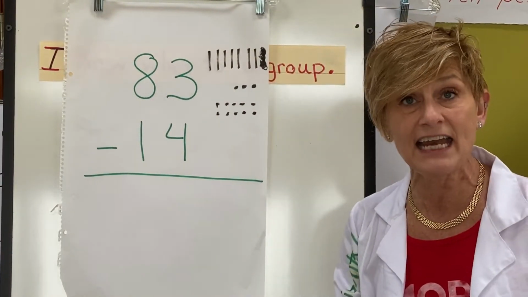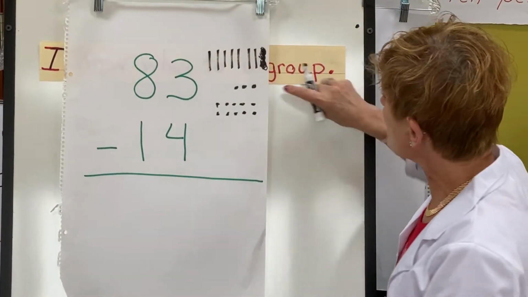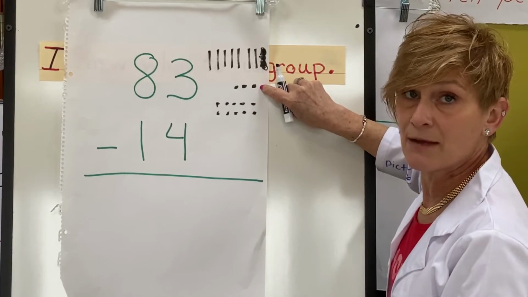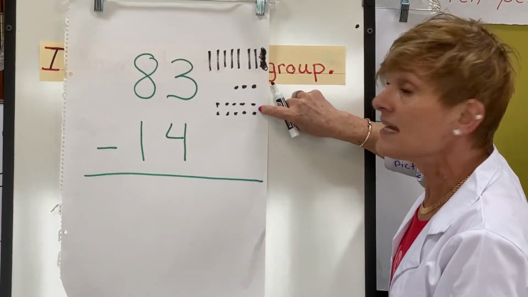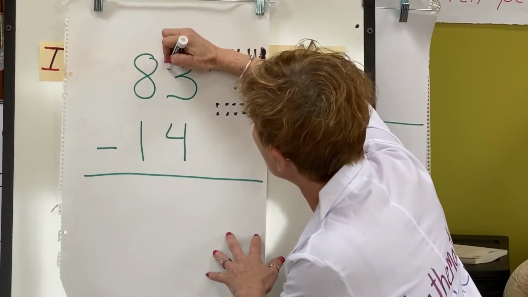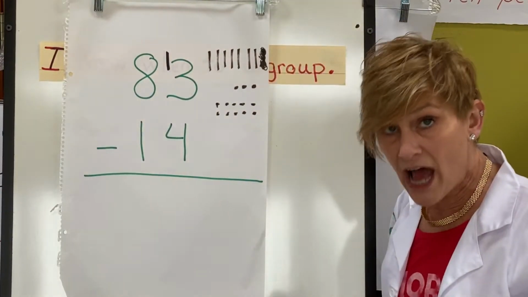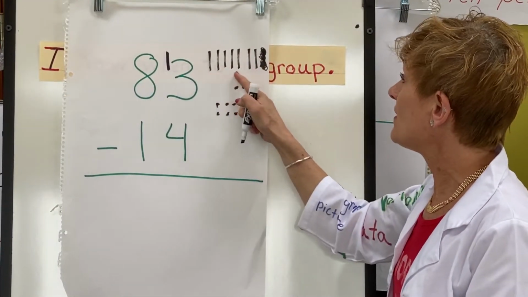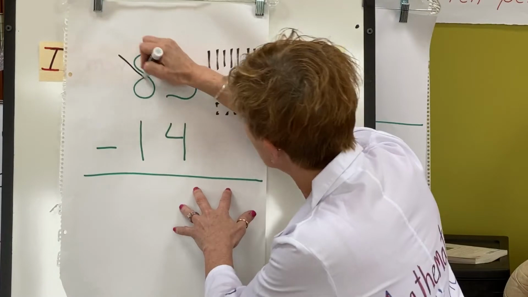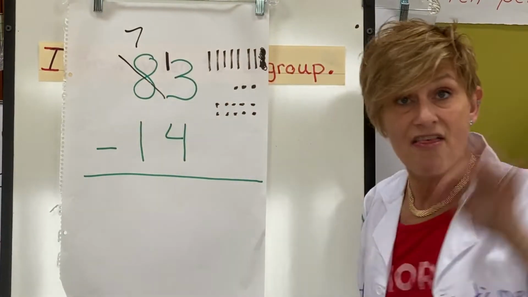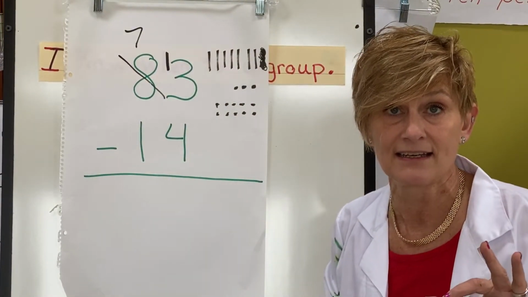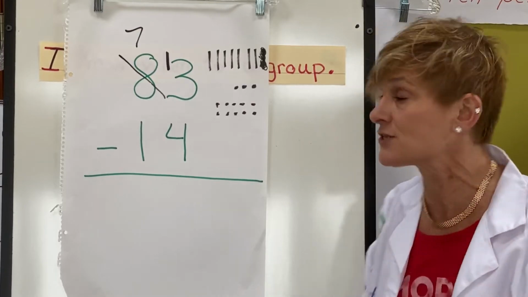I took that 10 and I ungrouped it. I don't have just 3 ones. I now have 10 and 3. I have 13 ones. And I have 7 tens. That's important. I had to ungroup in this situation.